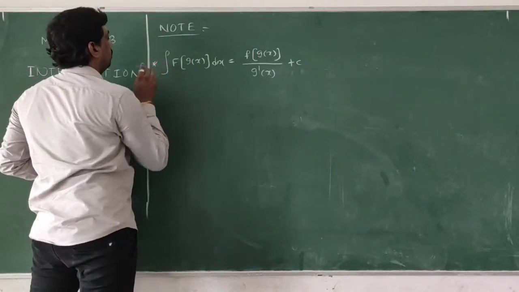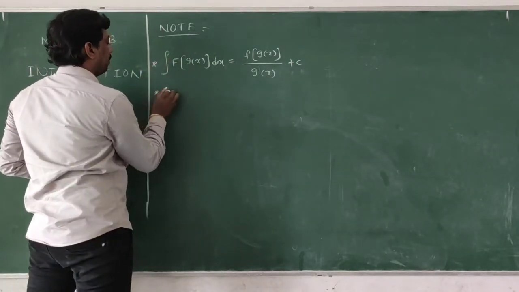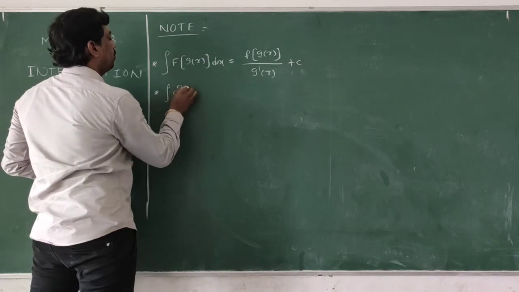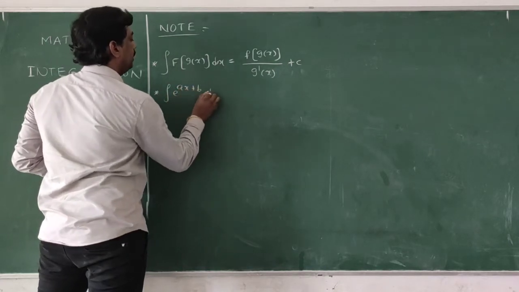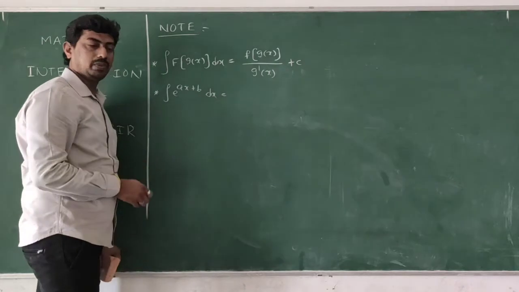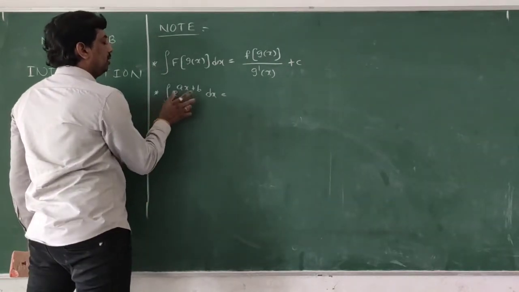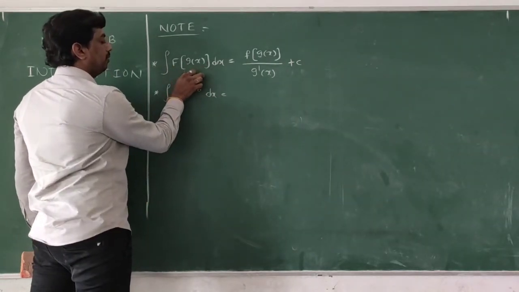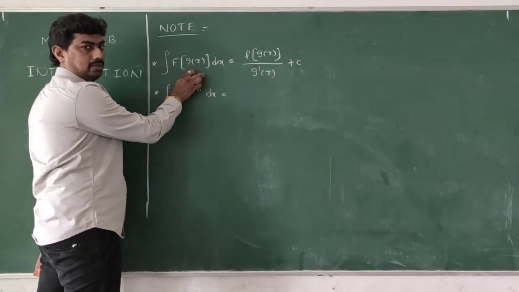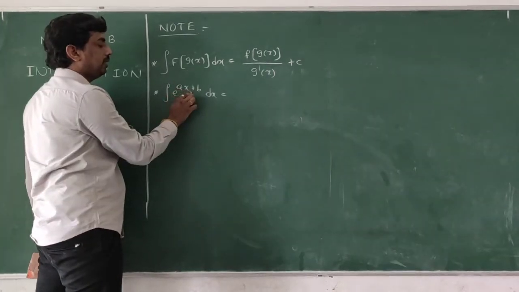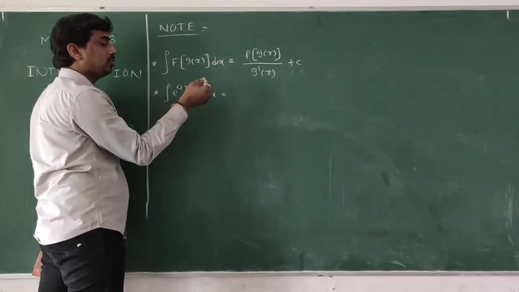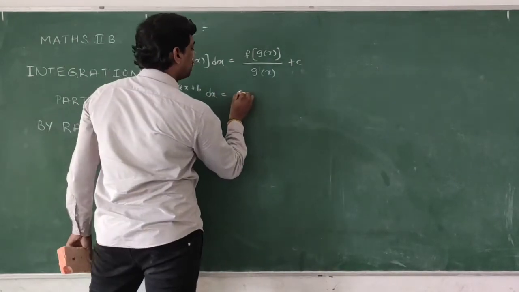Now, in the same way, the integration of e power ax plus b dx. This is in the form of the integration of e power x, where in the place of x we have ax plus b. The integration of e power x is e power x only.